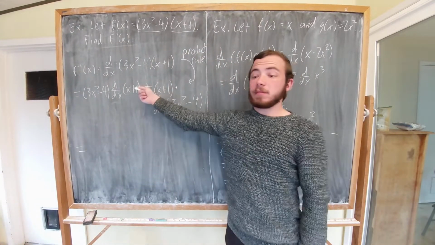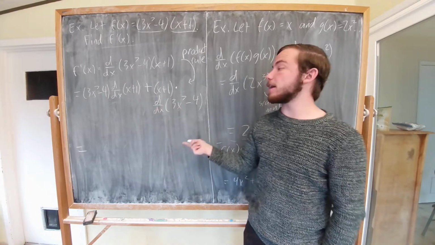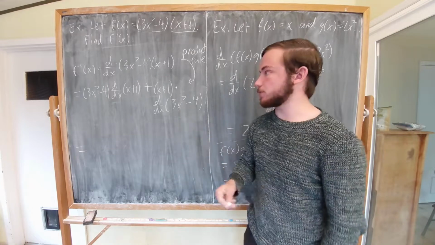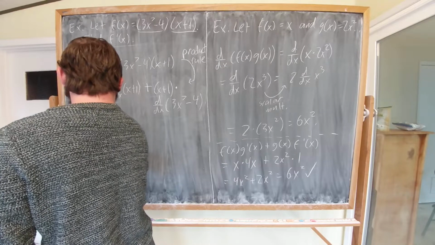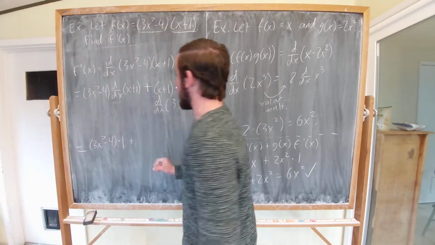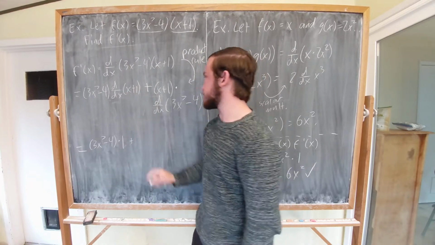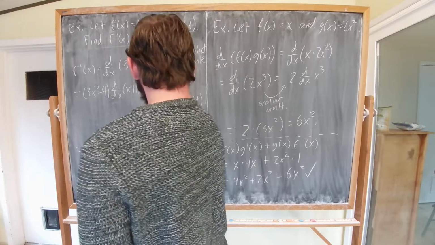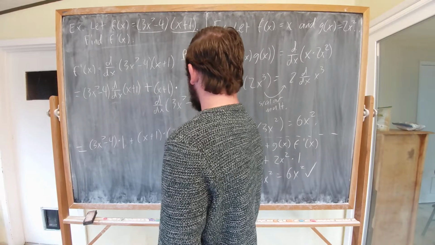Alright? These are nice and simple derivatives to compute using the sum rule and the power rule. So, exercise, do those on your own. And we're left with 3x to the 7th minus 4 times 1. Right? Because the derivative of x is 1, the derivative of 1 is 0, and they sum. Plus x plus 1 times 3 times 7x to the 6th.